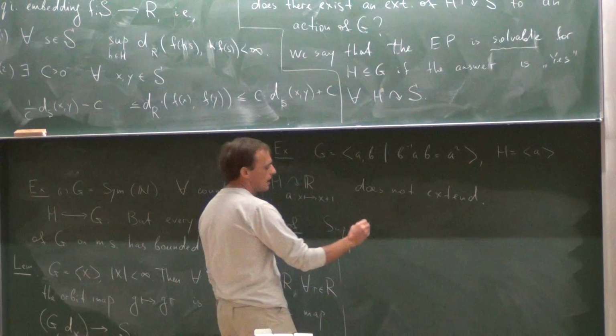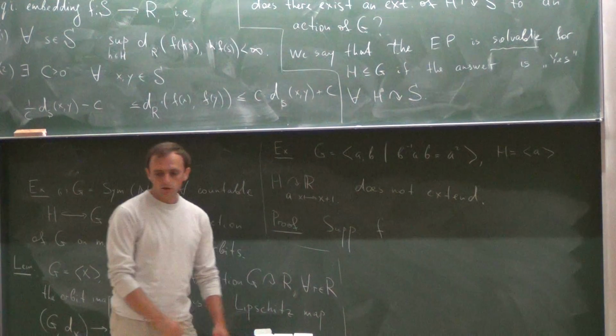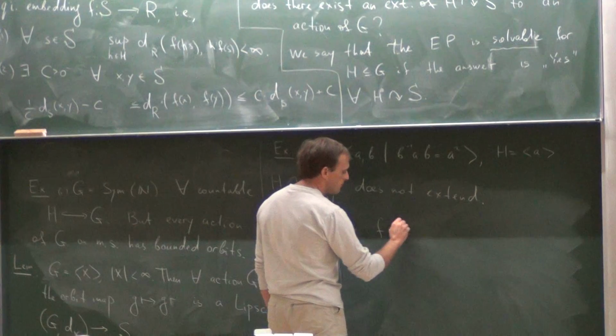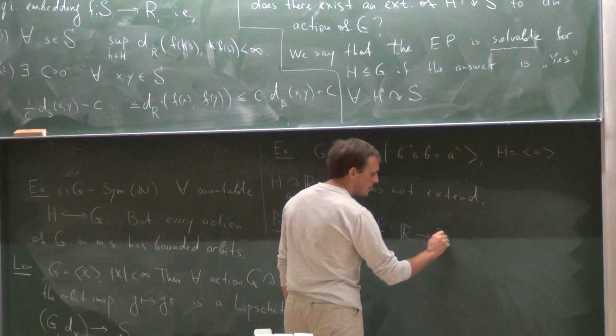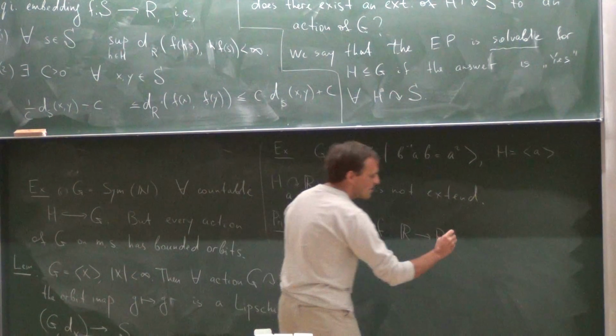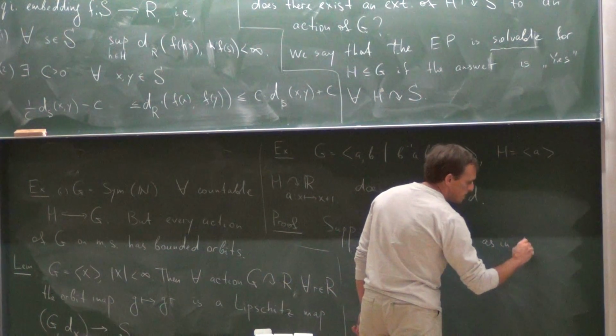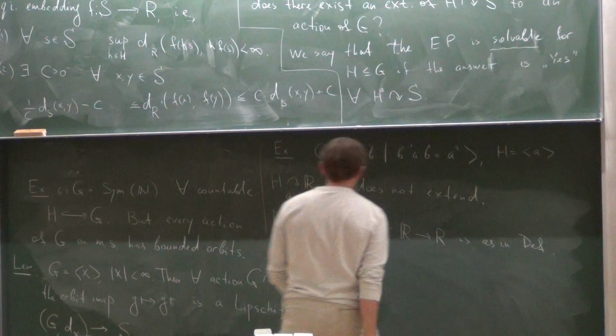So suppose it does extend to an action of G on some metric space bold R, and F from the real R to the bold R is as in the definition of the extension.